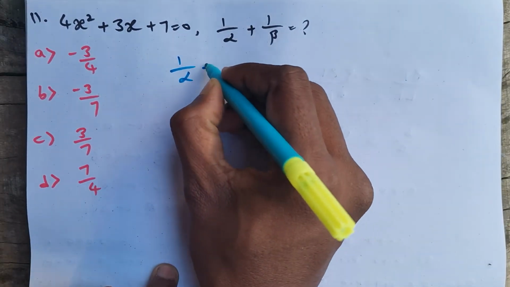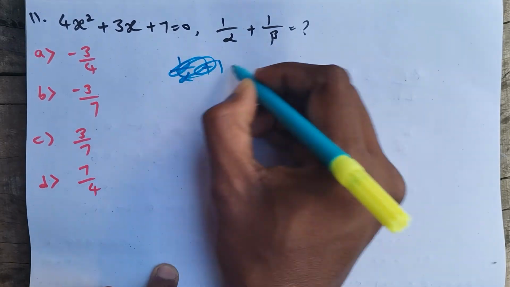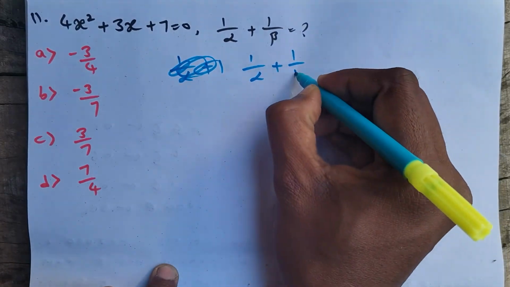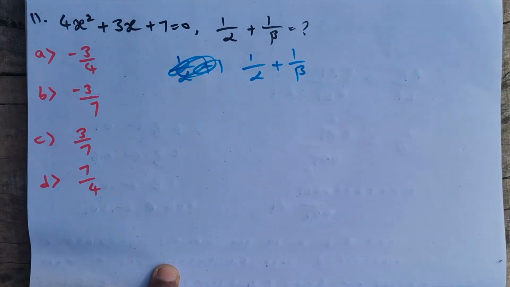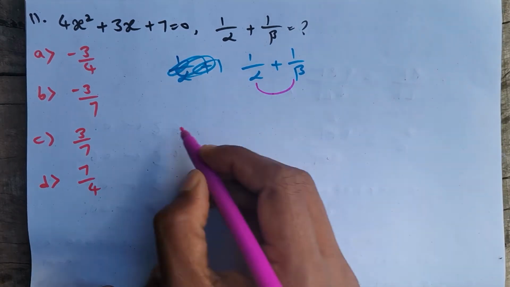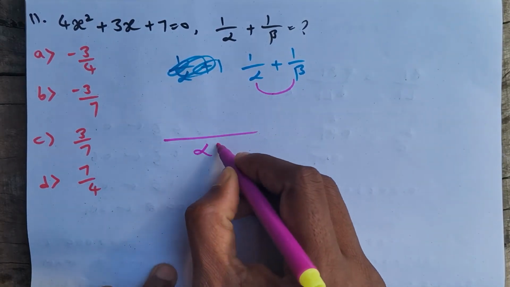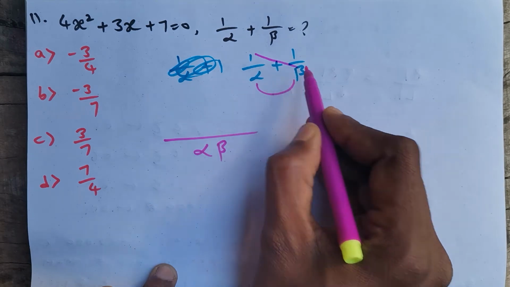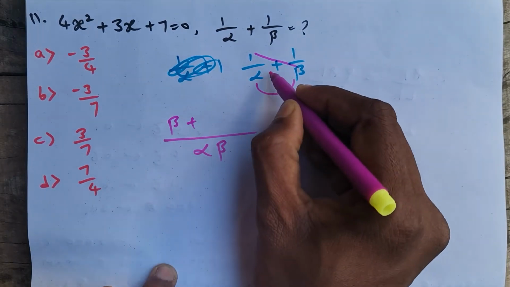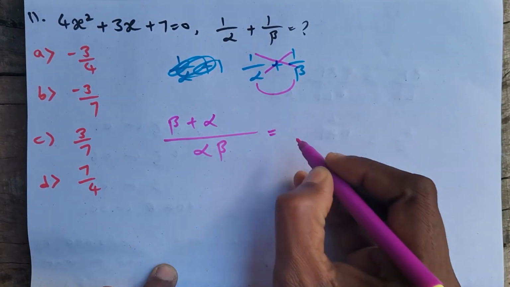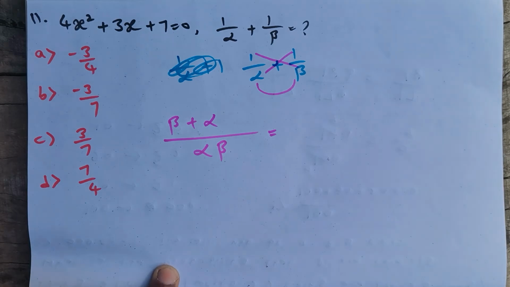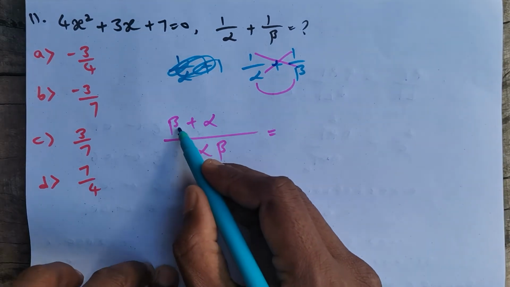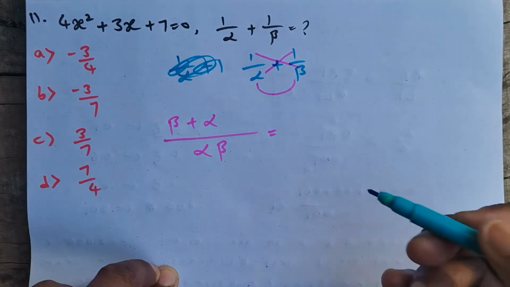1 by alpha plus 1 by beta. Simply multiply both the denominators. Alpha into beta, alpha beta, 1 into beta, beta, plus alpha into 1, alpha. Now if we observe the numerator and denominator clearly, beta plus alpha is nothing but alpha plus beta.